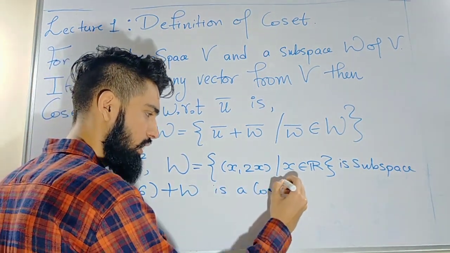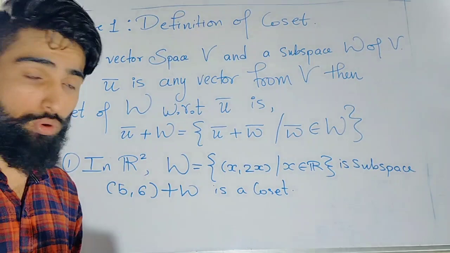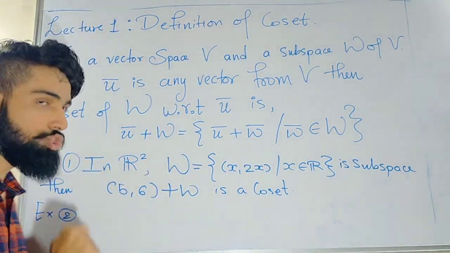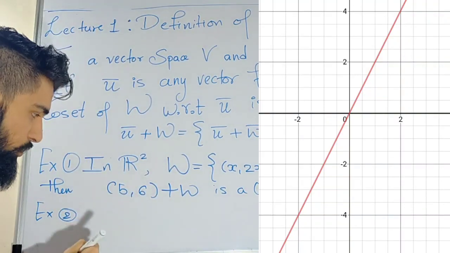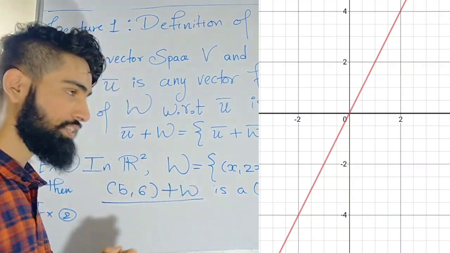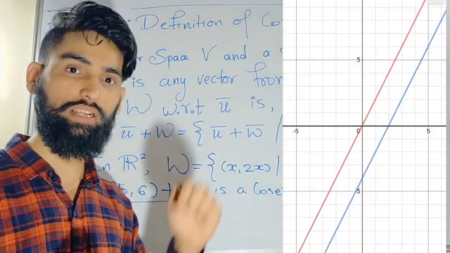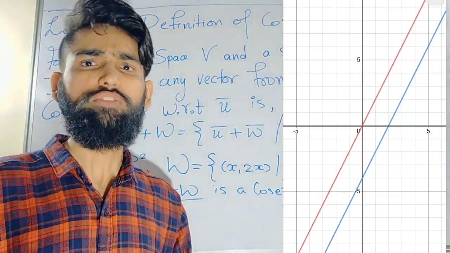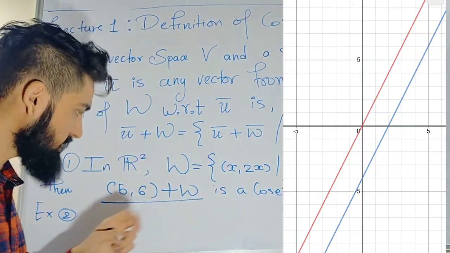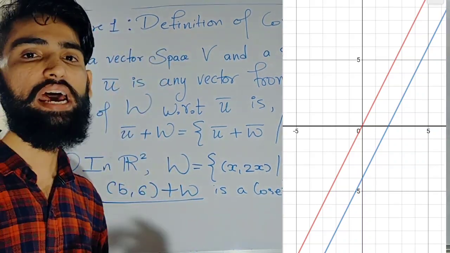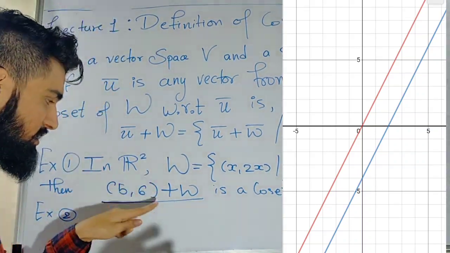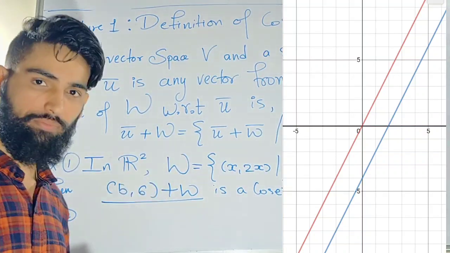If I try to represent this coset geometrically, then it will look like this. What we see over here is nothing but a line passing through (5, 6) and having slope 2. That means this is nothing but a line parallel to W.